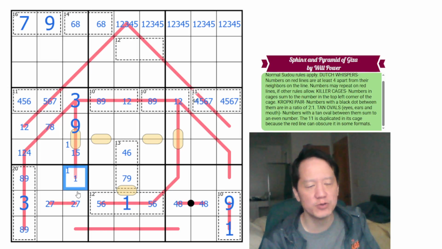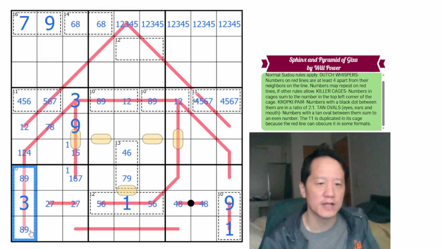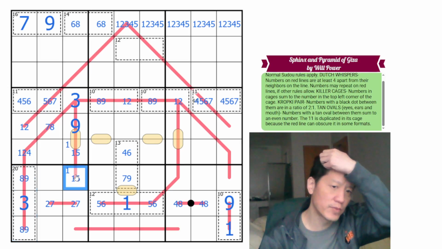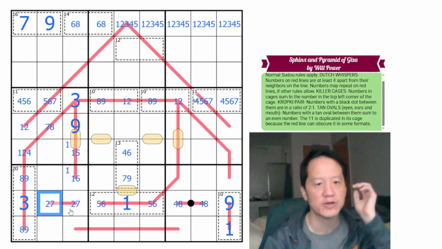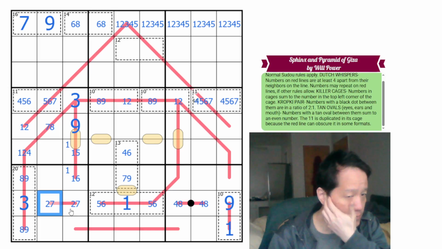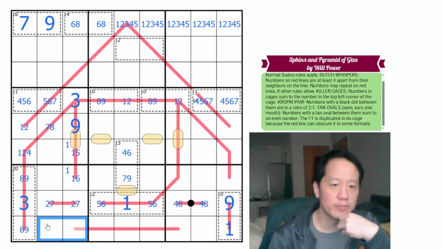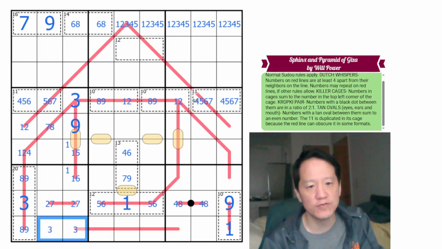If this is 1, it could be 6, 7, or 8. But 8 is not allowed. 8 and 9 are not allowed. Actually, 7 is not allowed in this box because we have a 2-7 pair in the box and an 8-9 pair in the box. This cannot be a 1, so this has to be 3, 4, or 6 here.